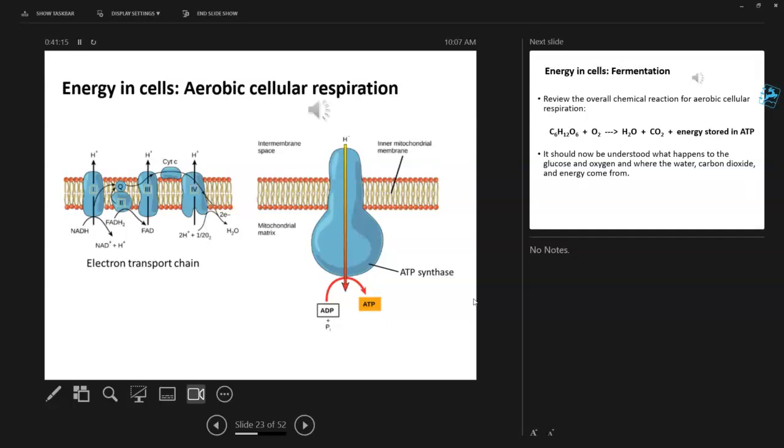So think of this like a hydroelectric power plant, an electric generating power plant at a dam. Those power plants work by the water behind the dam being allowed to flow through a propeller, making the propeller spin. The propeller is connected to a generator that generates electricity. This is like that.